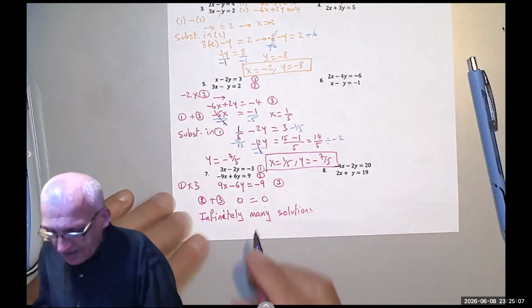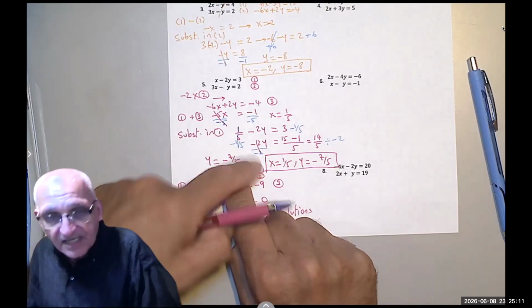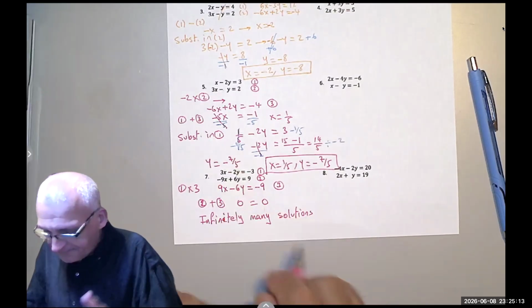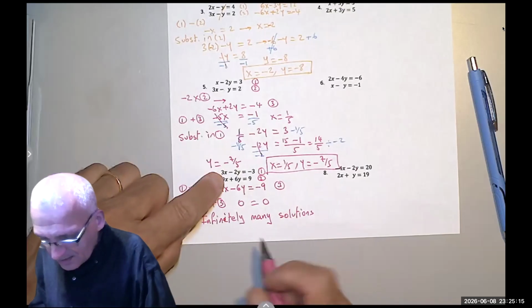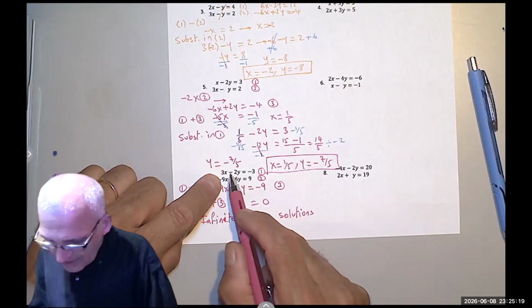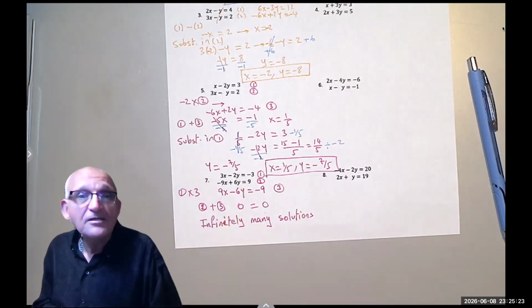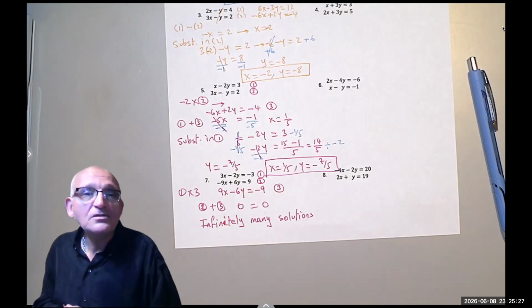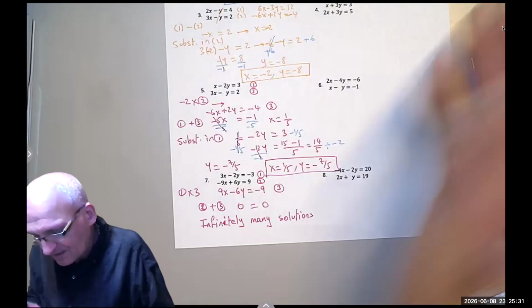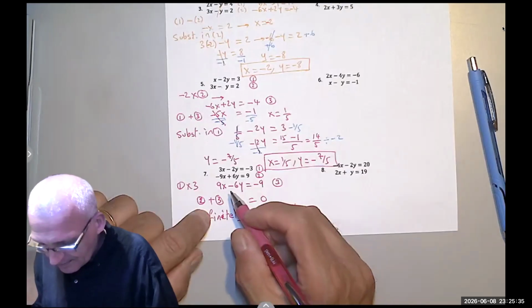You can say, okay, what if y equals 0? I get x is negative 1. What if, say, x is 1? I get 3 minus 2y is negative 3. So negative 2y is negative 6, and y would be positive 3.